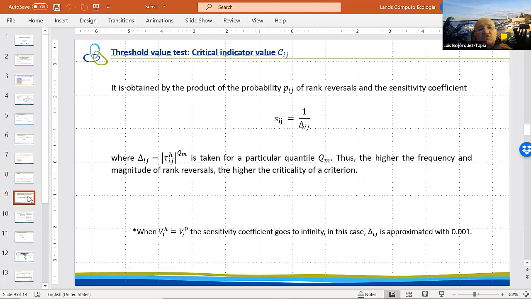Then you obtain the reciprocal, just to make it easier to understand, because in this case, the higher the value, the more sensitive is the score. Okay, and let's go to the results.